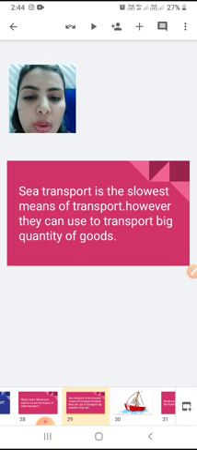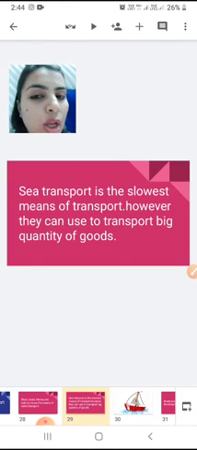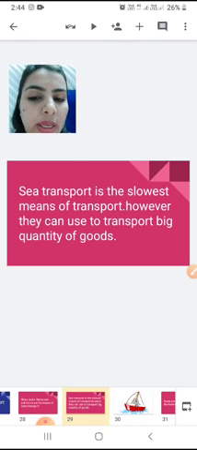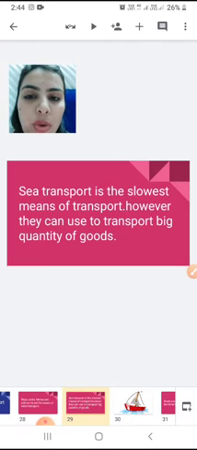Sea transport is the slowest means of transport. So, which is the fastest means of transport? Air transport. And which is the slowest? Sea transport. However, it can be used to transport a big quantity of goods from one place to another, and sometimes it is also used to transport passengers.